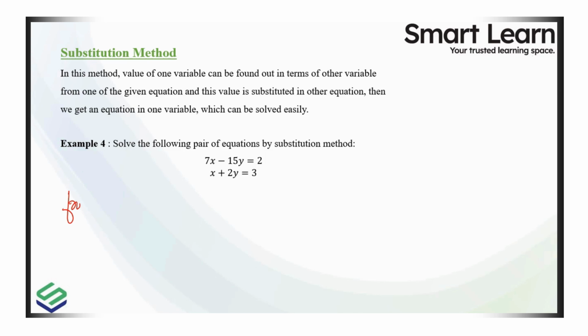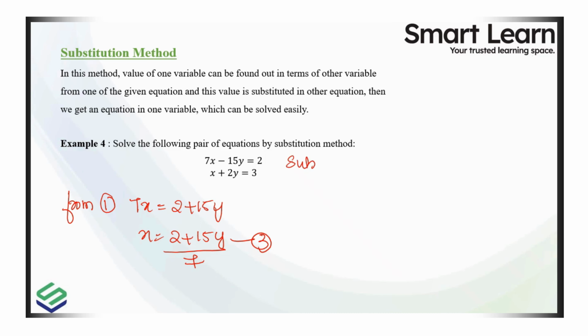From equation 1 I am writing x in terms of y, that is 7x equals 2 plus 15y, so x is equal to (2 plus 15y) divided by 7. This is our third equation. Then I will substitute this third equation in the other equation, the second equation.